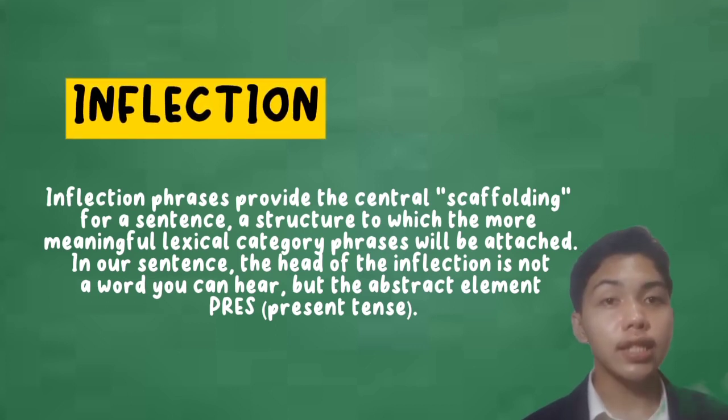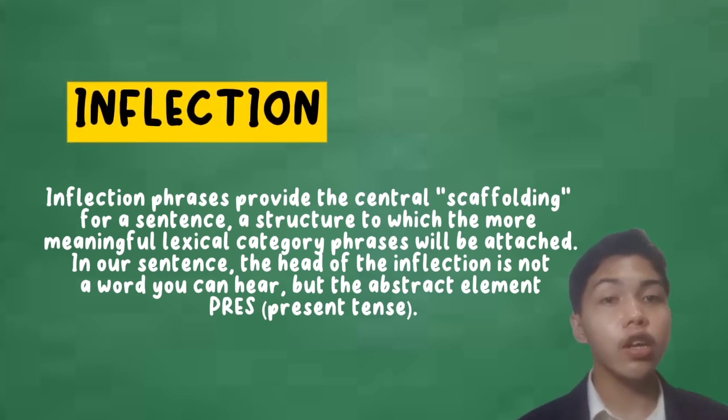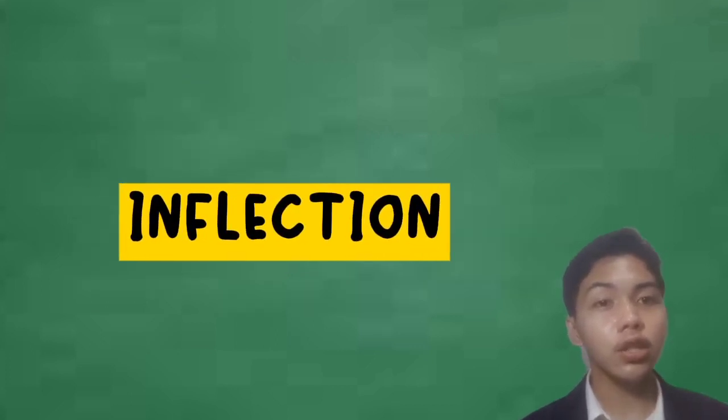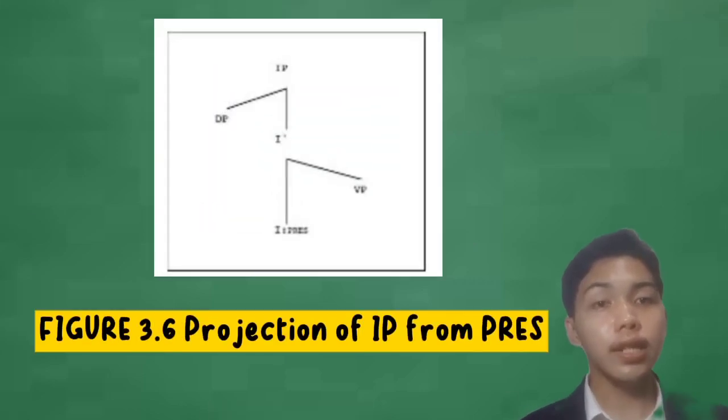In our sentence, the head of the inflection phrase is not a verb you can hear, but the abstract element present tense. The resulting structure is shown in figure 3.6, the projection of IP.